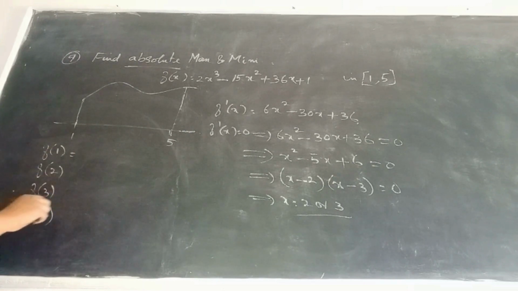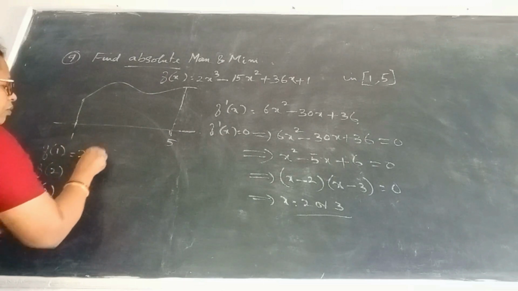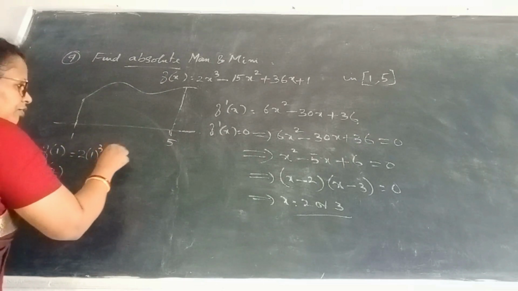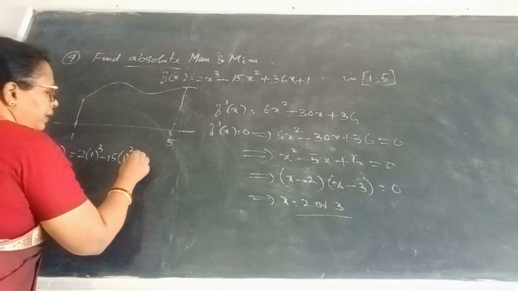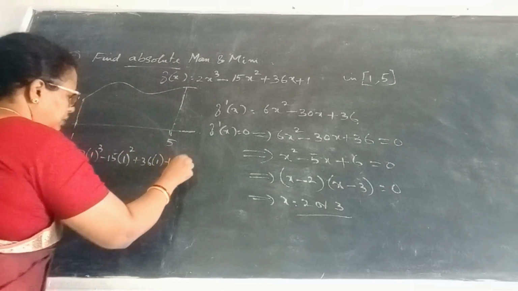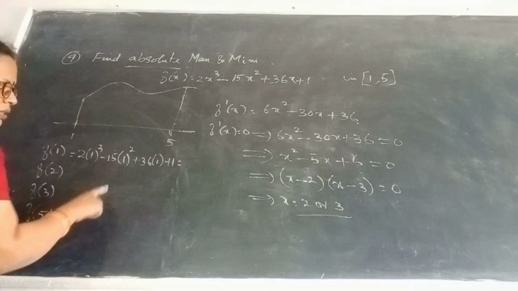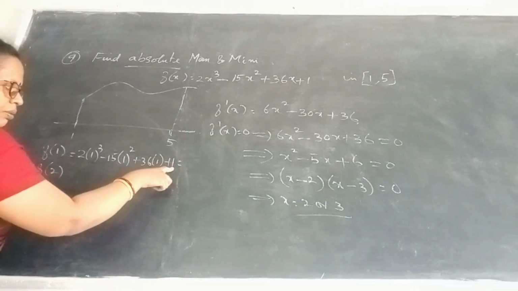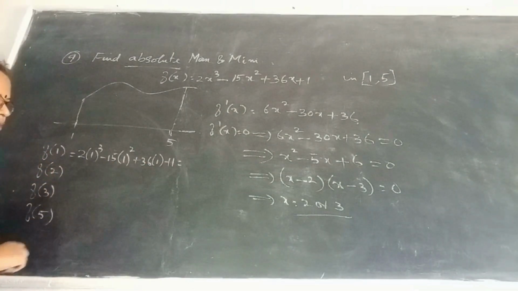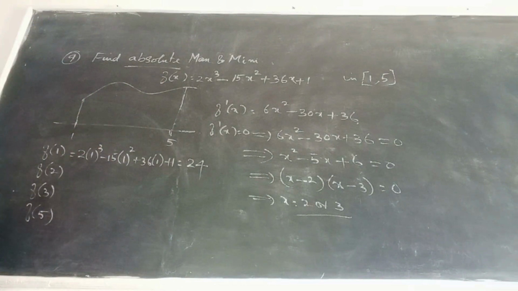So what is f of 1? In f of x substitute 2 into 1 cubed minus 15 into 1 squared plus 36 into 1 plus 1. Simplify. 2 minus 15 is minus 13, plus 1 is minus 12, then plus 36, so it is 24. Now find f of 2.